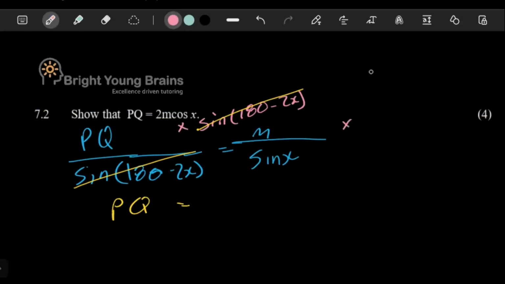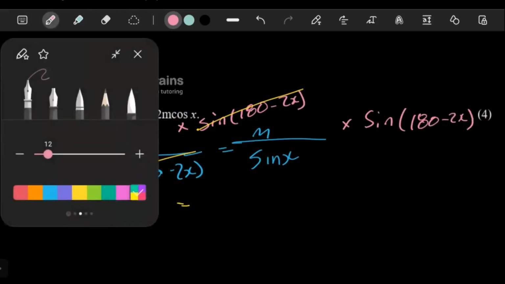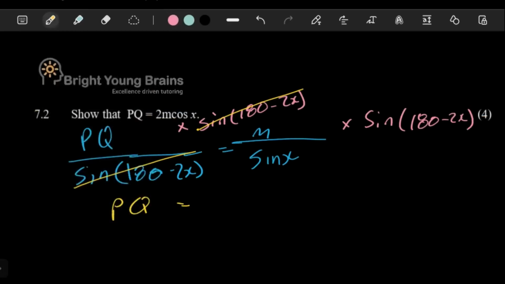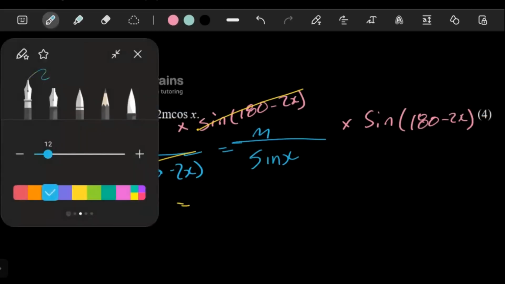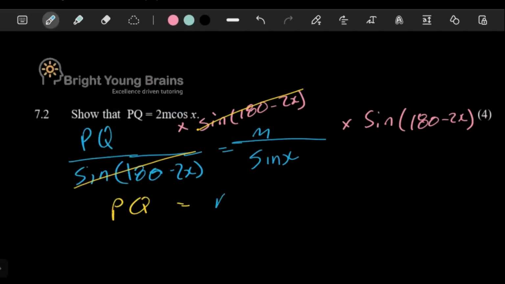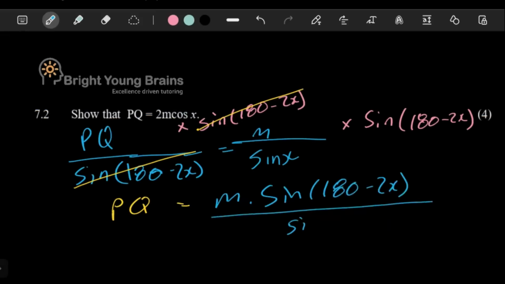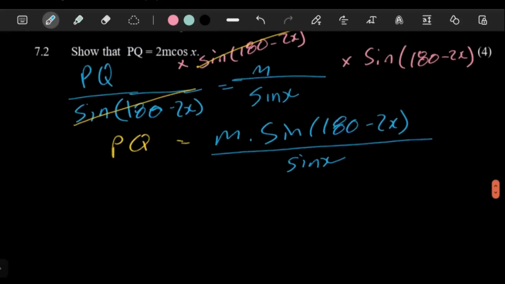So it's m times sine of 180 minus 2x over sine x.